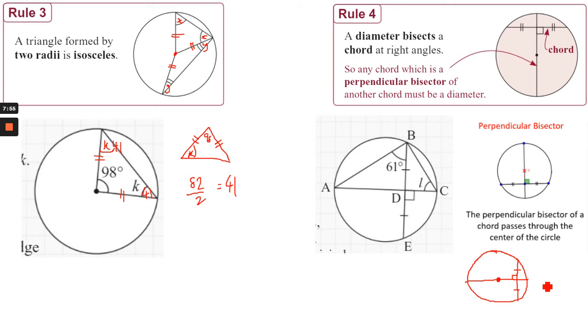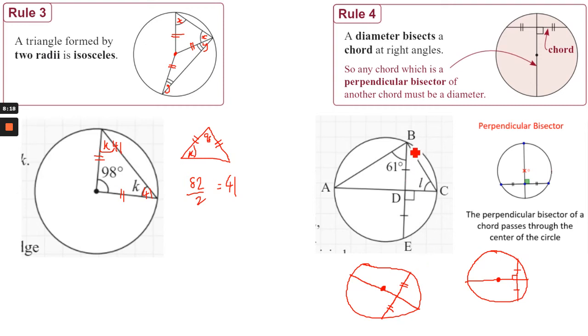Okay, it must go through the center of the circle. So if you've got a chord, I'll just say that again. If you've got, my circles are terrible, but hopefully you get the idea. If you've got a chord, if you've got a line that splits the chord, then that must be a diameter of the circle. Okay, it's important.